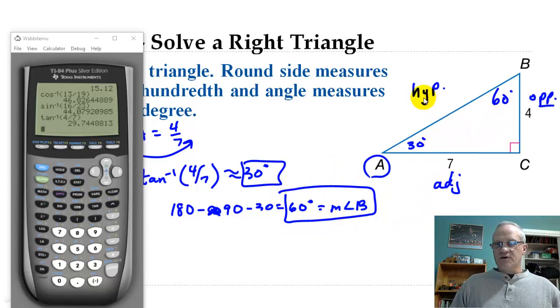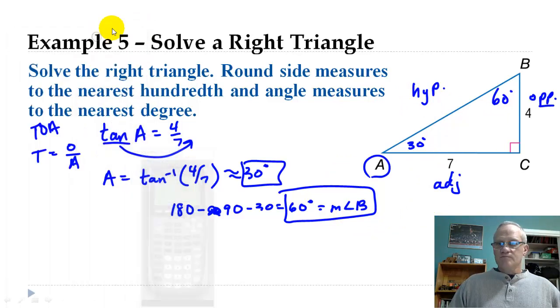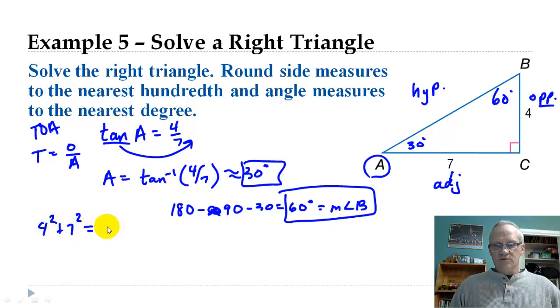All we have to do is find the hypotenuse here, and it's a right triangle, so I can use the Pythagorean theorem. Since this is the hypotenuse, that's your C, and these are your A and your B. So 4 squared plus 7 squared would equal C squared.